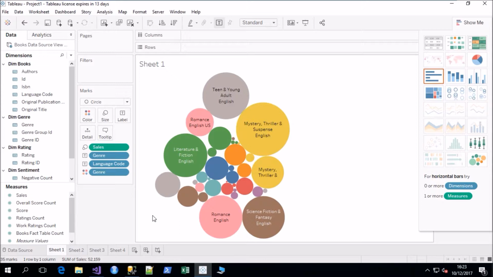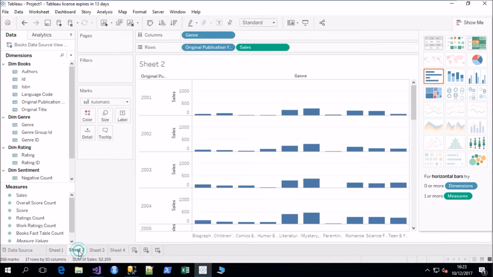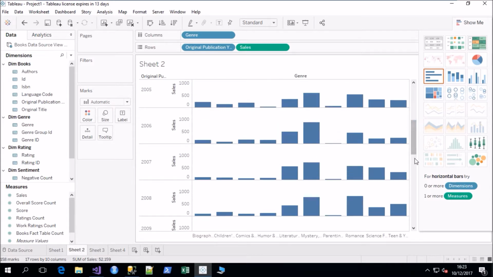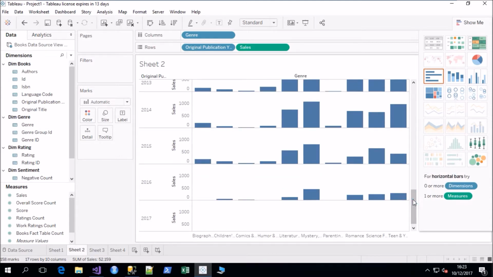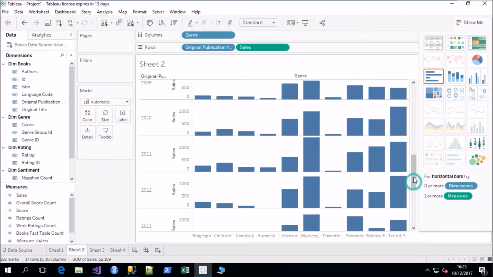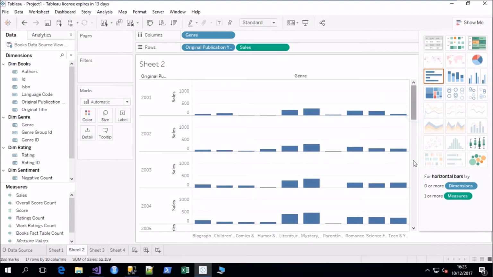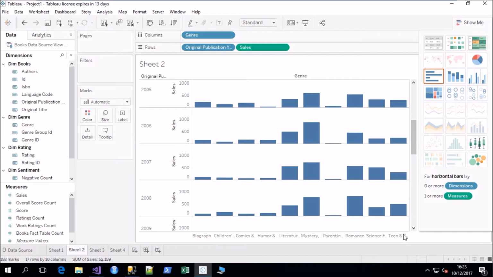My next BI query is that throughout the years 2001 to 2016, which genre books were sold max? From this graph, we can visualize that in each year, it is mystery, thriller and suspense that has led the sales market, and after that it is teen and young adults, and after that comes romance and science fiction.